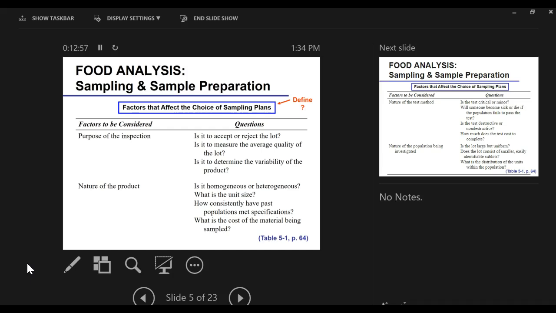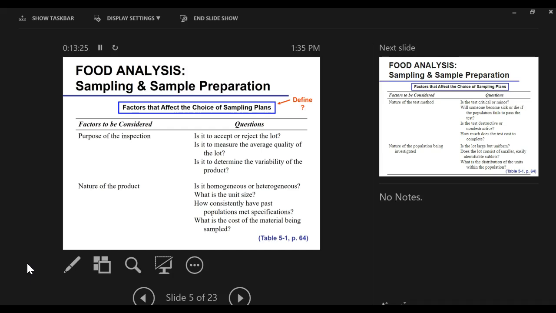That means, are we looking for something that might impact the safety of the consumer, or are we just looking at a quality measure, like protein content, moisture content, color? Or are we looking at something more serious that will impact health, like the amount of pesticides, for example. That determines how many samples you need to pull out.